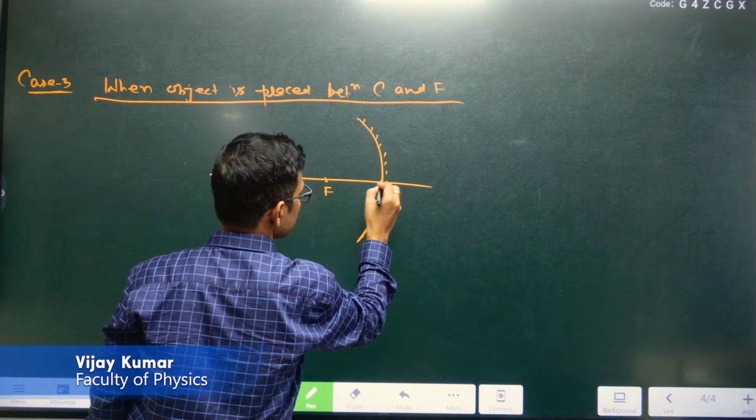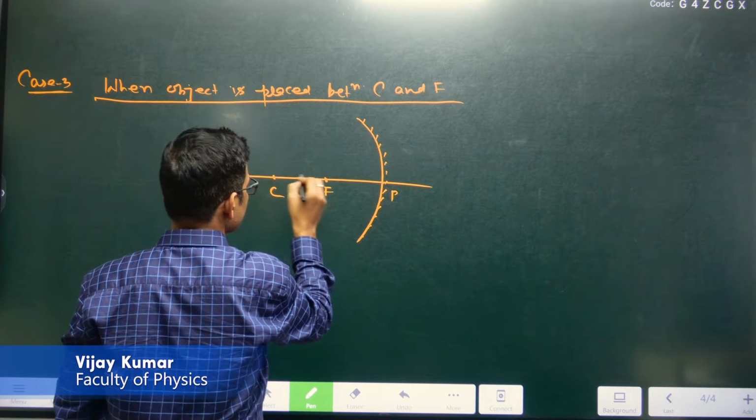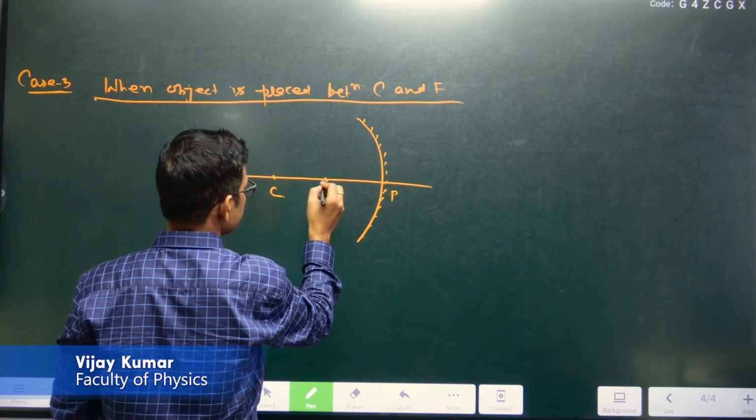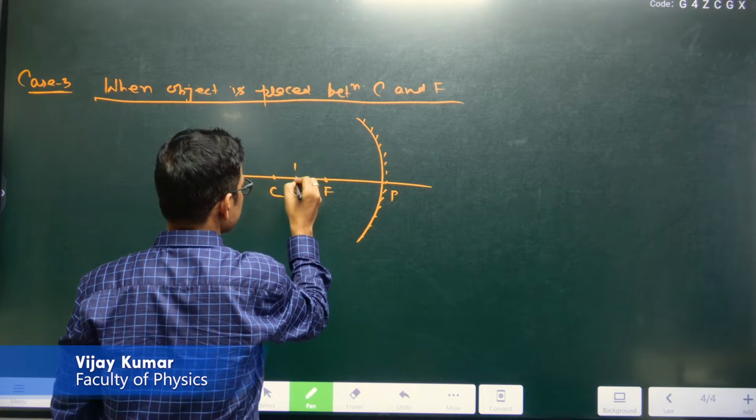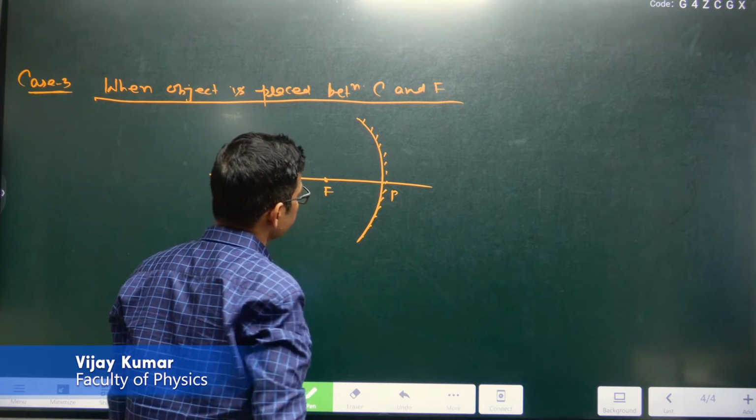This is your focus and this is your pole. Now the object is placed between the focus and the center of curvature. Suppose the object is placed here.